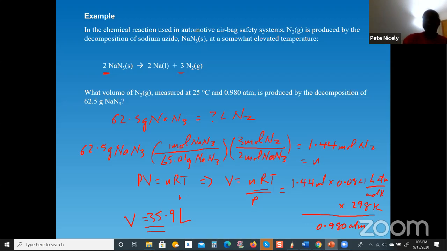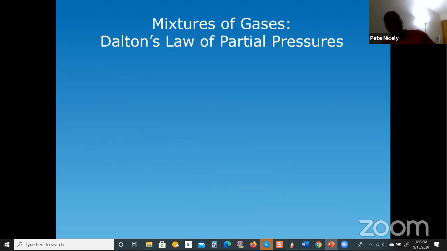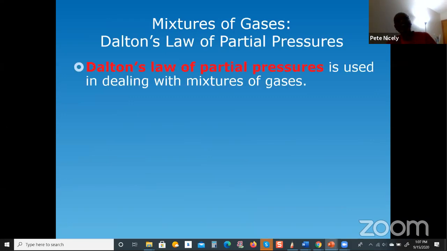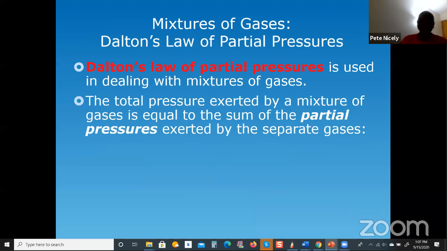Okay, so next topic, Dalton's law of partial pressures. So far, we have been dealing with situations where we're working with one gas. What Dalton's law is talking about is the pressure of a mixture of gases. Dalton's law states that the total pressure exerted by a mixture of gases is equal to the sum of the partial pressures exerted by the separate gases. Each gas acts independently when exerting pressure, even in a mixture.